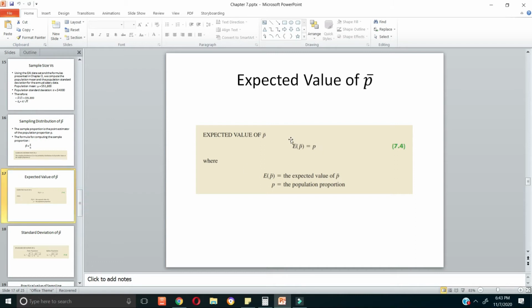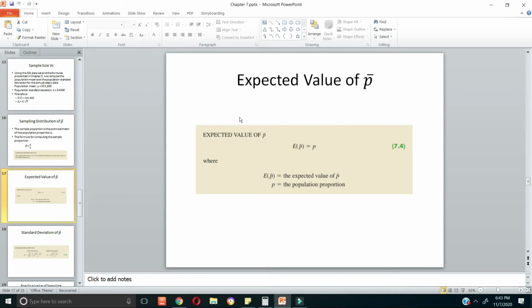The expected value for the proportion is very similar to the expected value for the sampling distribution mean. The mean of the sampling distribution of the proportion is very close to the actual population proportion.